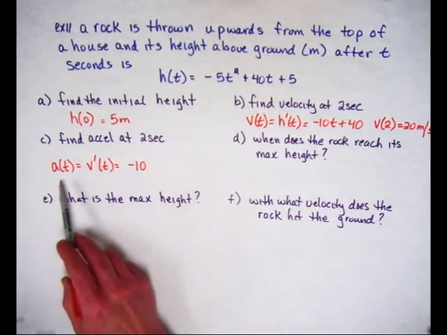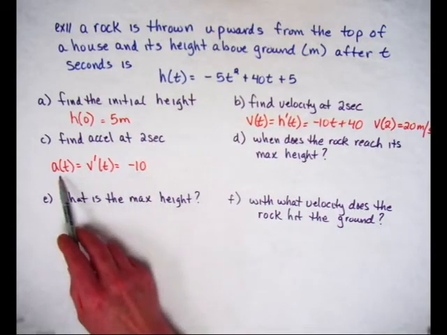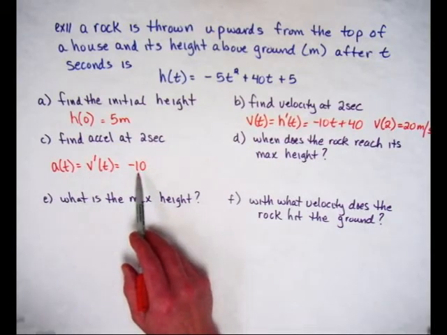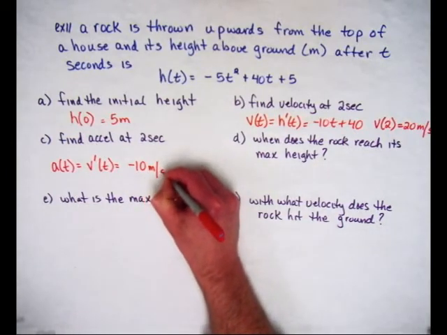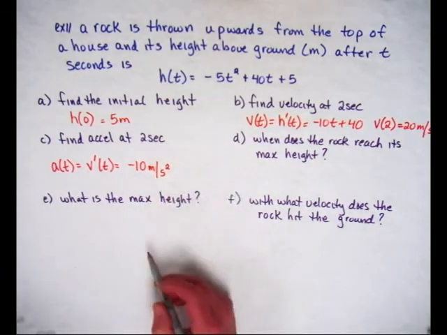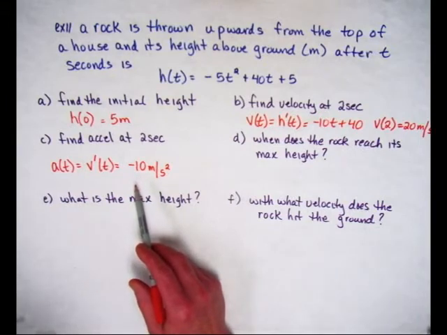You'll notice that the acceleration does not have a value of t in the function, which means it's a constant. The acceleration at any moment in time is always going to be minus 10, and the units would be meters per second squared. And if you've taken a little bit of physics, you may recognize that that number is close to the actual value of acceleration due to gravity, which is negative 9.8 meters per second squared.